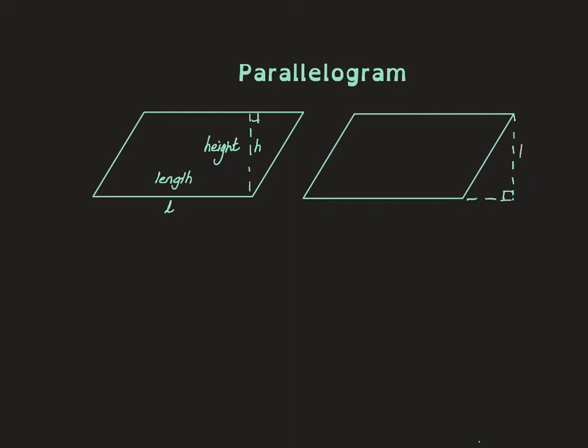The two heights will be the same. The formula for area of a parallelogram is length times height. Or just using symbols, A is equal to LH. And you all know that LH means L times H.